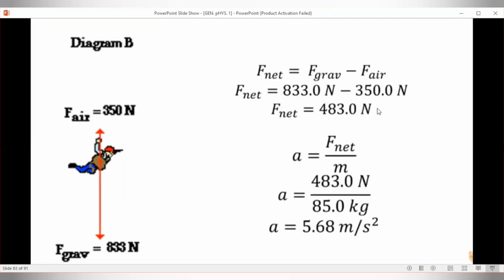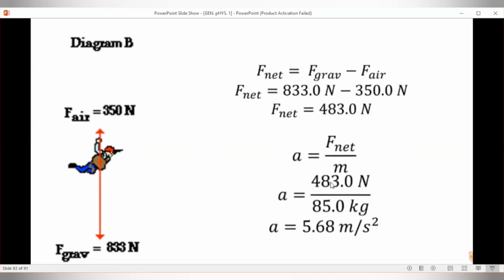To calculate the acceleration, you will use F_net over m as the expression of acceleration. By substitution, you have 483.0 newtons for your net force, and the mass of this body is 85.0 kilograms.